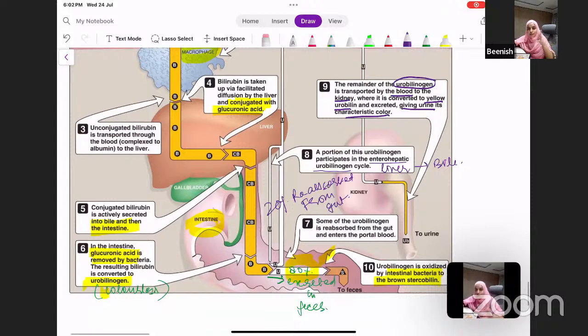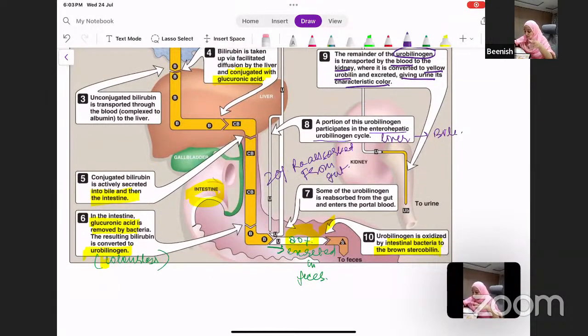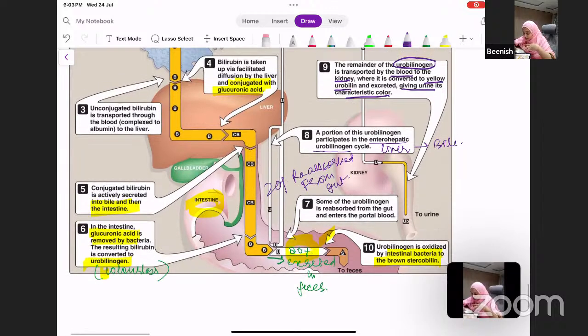So part of it is excreted in the urine, part of it, 80% of it as urobilinogen, is changed into stercobilinogen and excreted in the feces, and part of it is actually entering enterohepatic circulation.